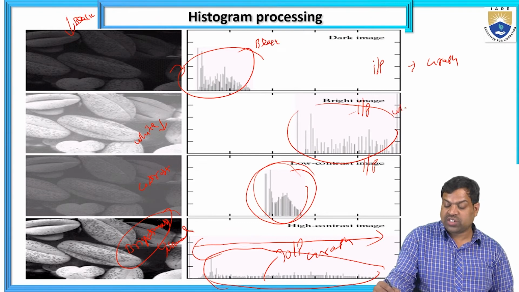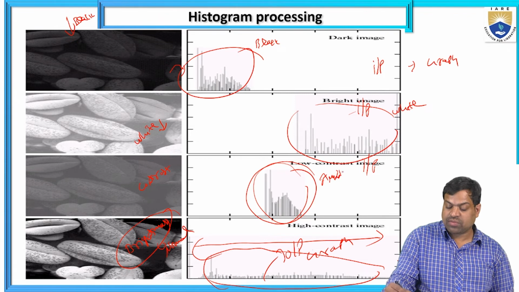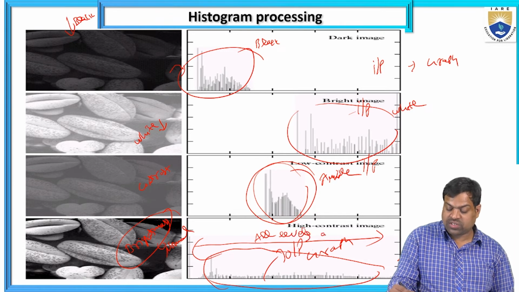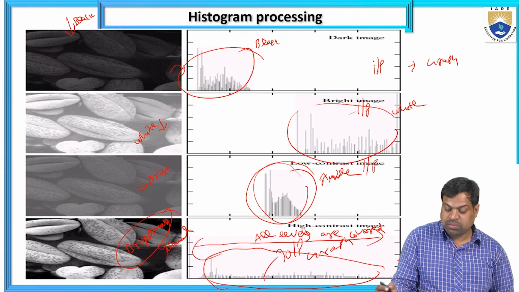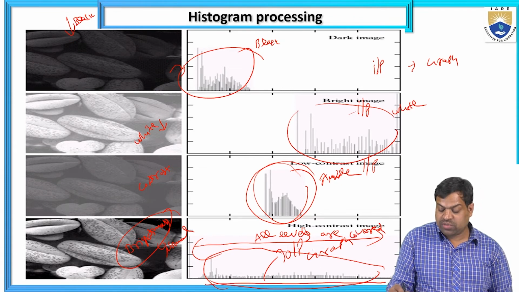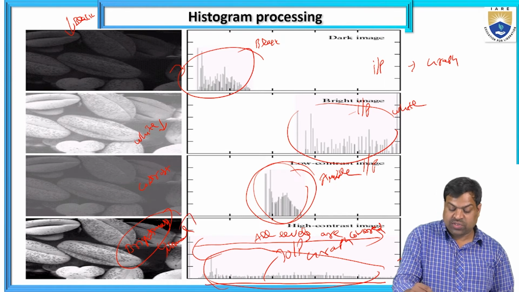Here it is in the middle. But this one covers all levels, so maybe it is the final. Why? Because it is starting from here to here, the x-axis and the y-axis.